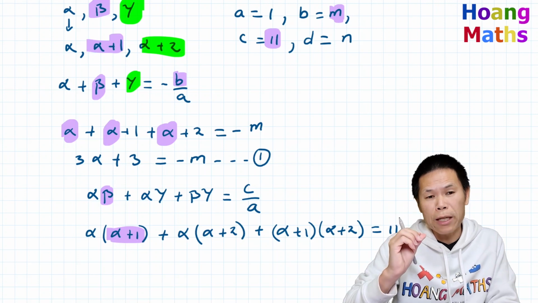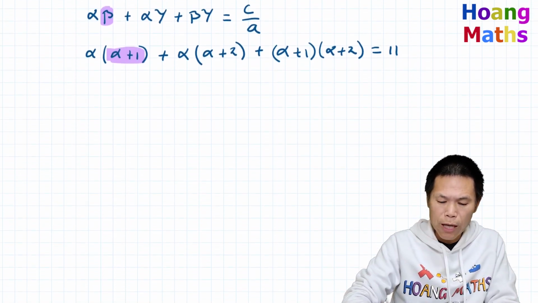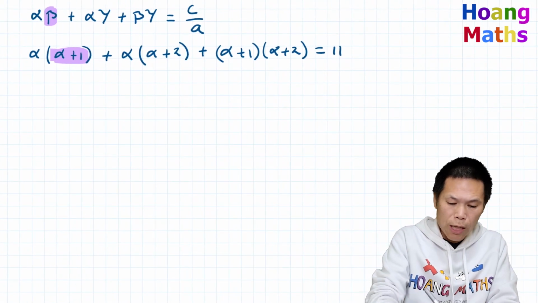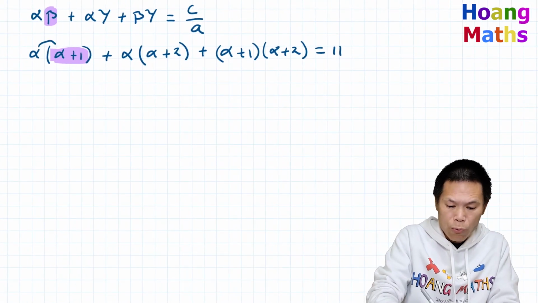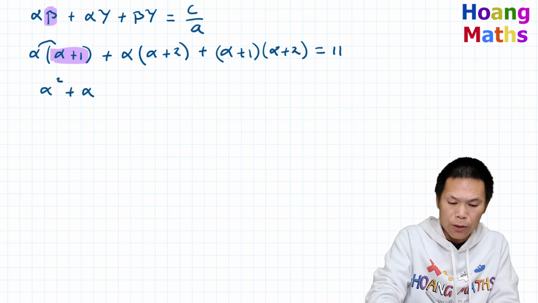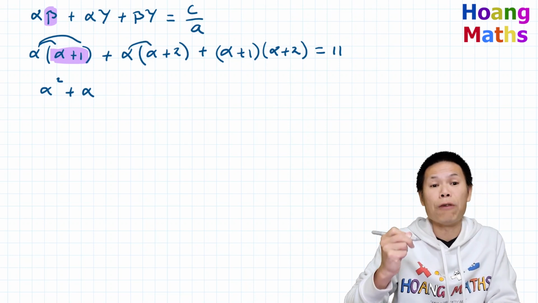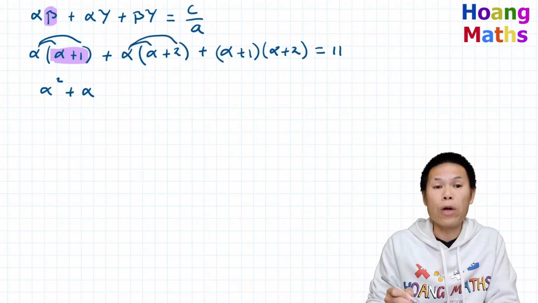So let me just expand the brackets and simplify. This should give me alpha squared plus alpha, because alpha times 1 is alpha. And then the next product gives me alpha squared plus 2 alpha.